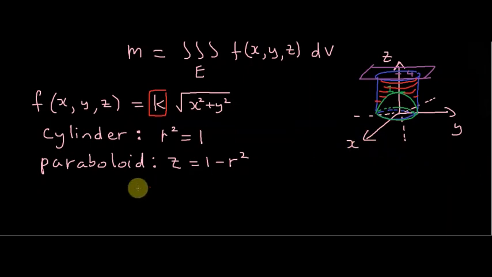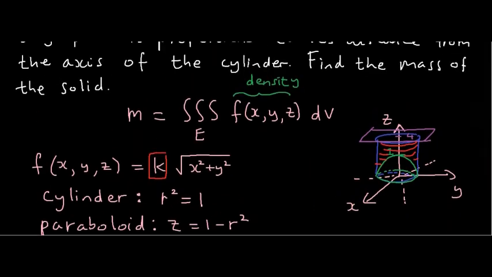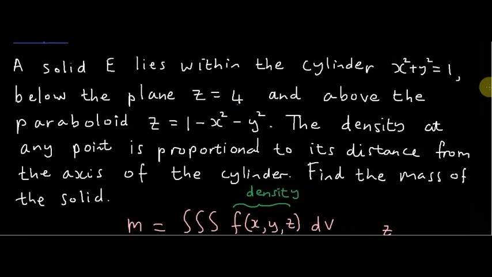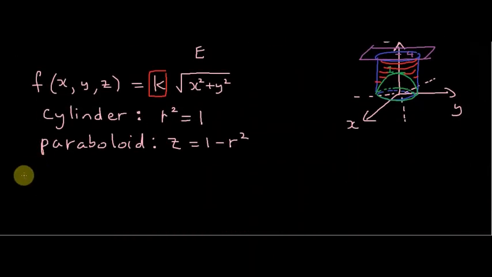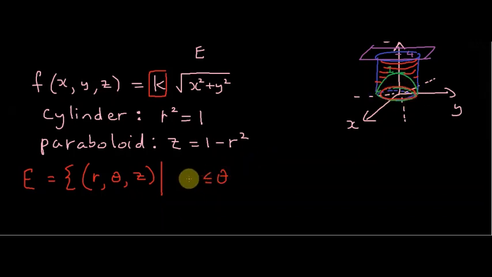Now we can express E, the solid region, in terms of cylindrical coordinates. So it's going to be the set r, theta, z, such that theta, as we said, we have a circle here in the xy plane, so theta clearly goes from 0 to 2 pi.